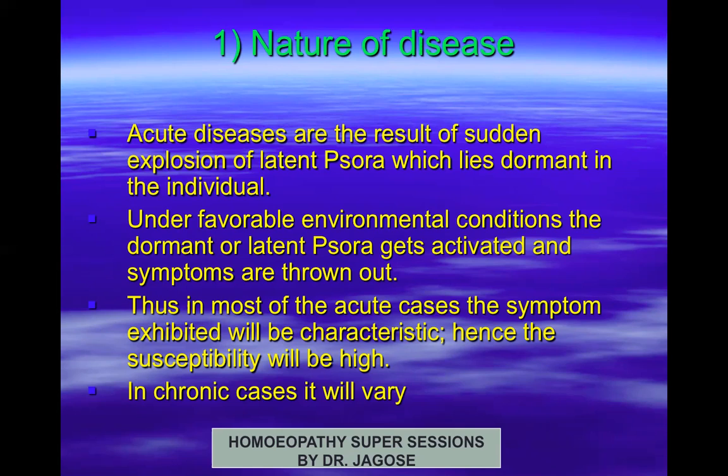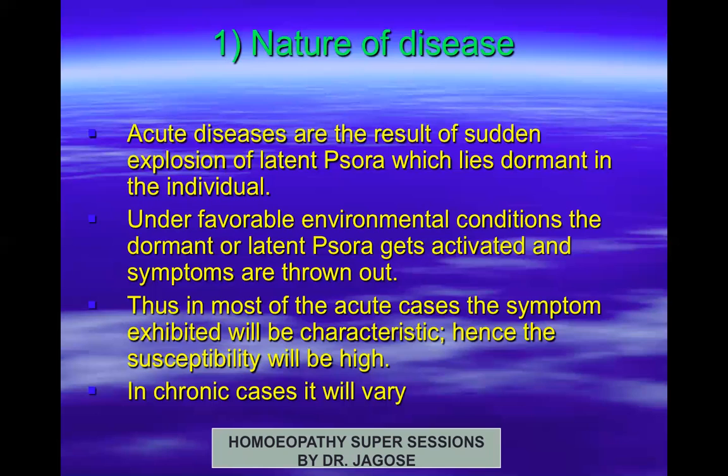In a chronic case, it will depend upon the symptoms which have been exhibited. So if common symptoms are exhibited in a chronic case, the susceptibility is low, and this will occur especially in advanced pathological cases where you will get symptoms which are diagnostic of the disease.